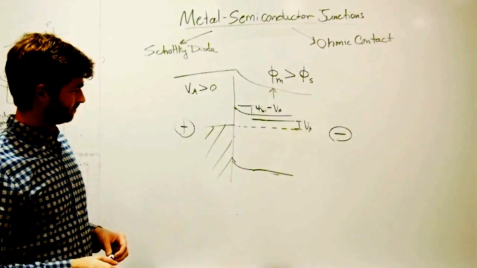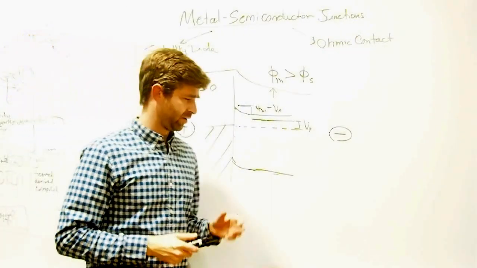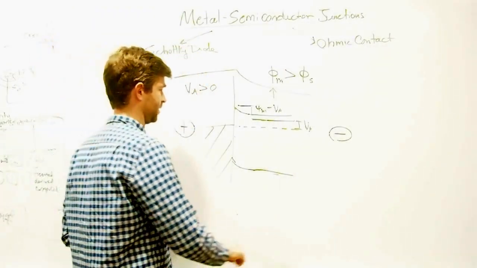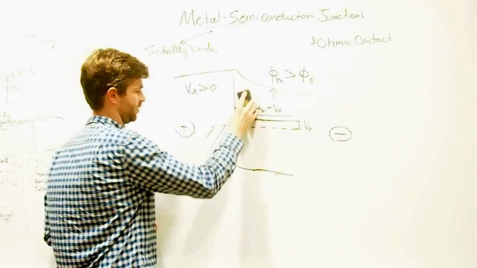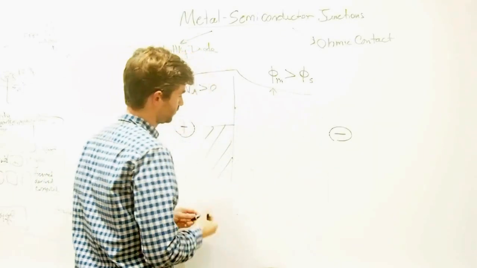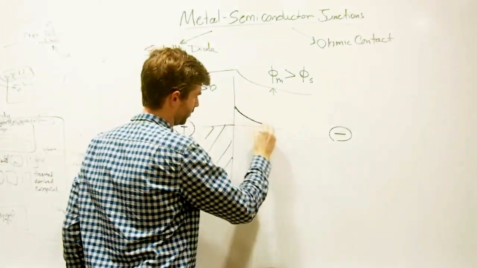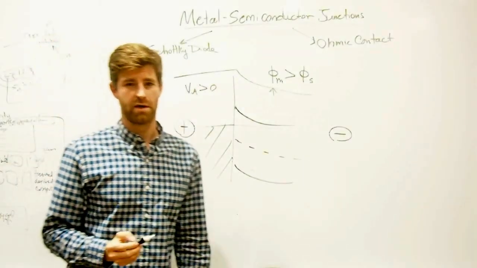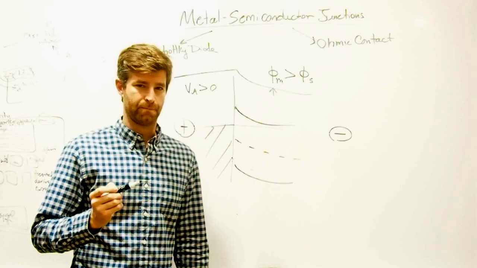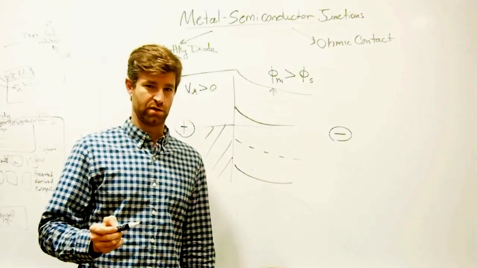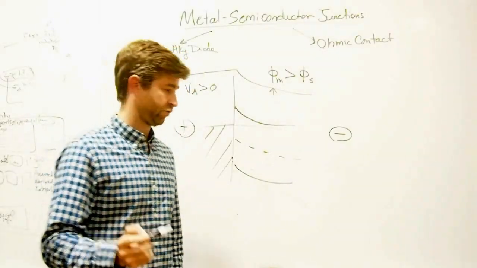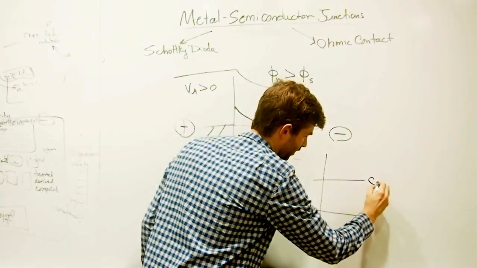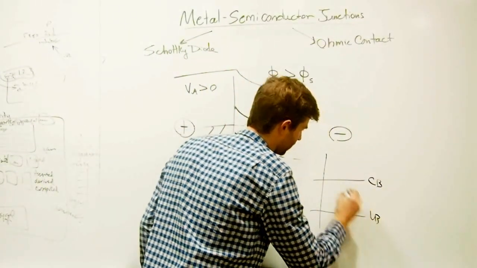And another thing is, what kind of current is occurring in a metal semiconductor contact? Well, let's go back to our equilibrium model. If you remember from before, if you were to plot energy as a function of your carrier density, electron density, it looks something like this. There's a conduction band, valence band.